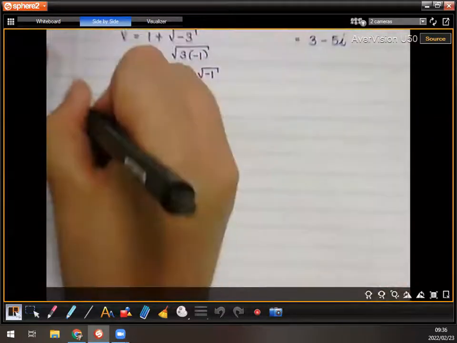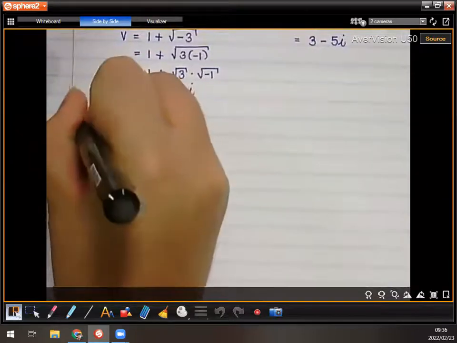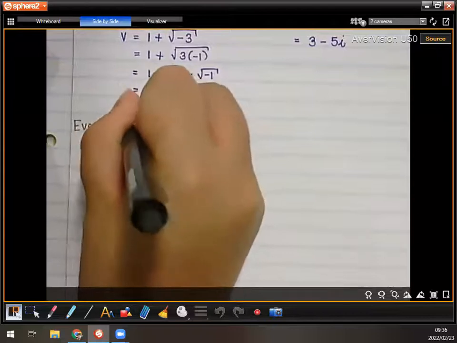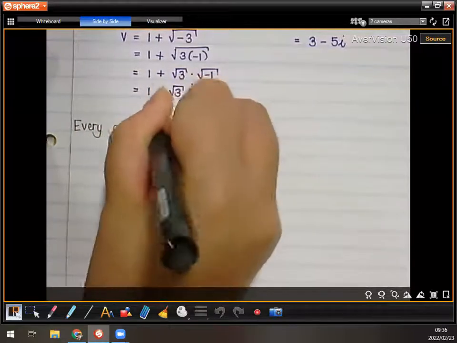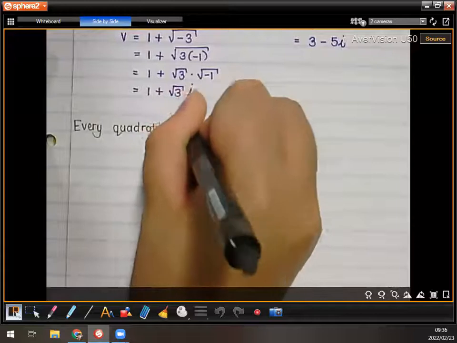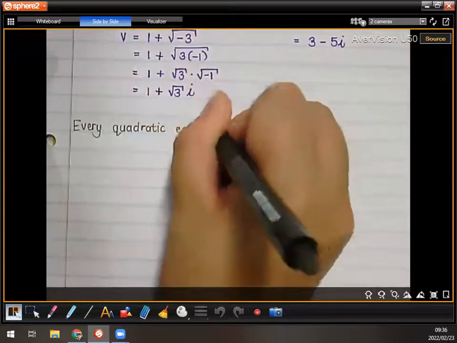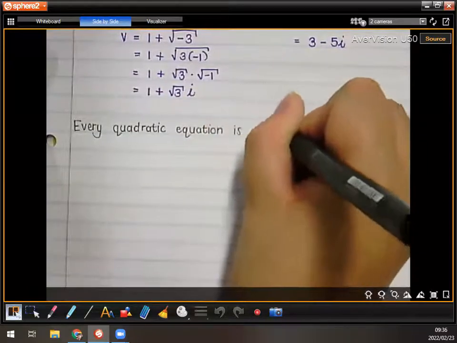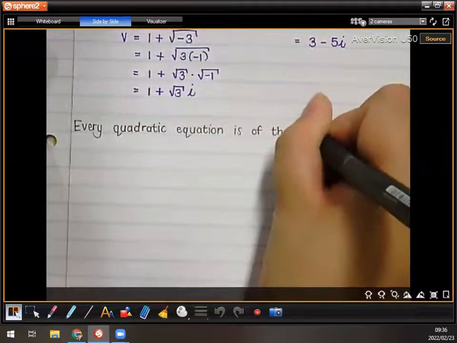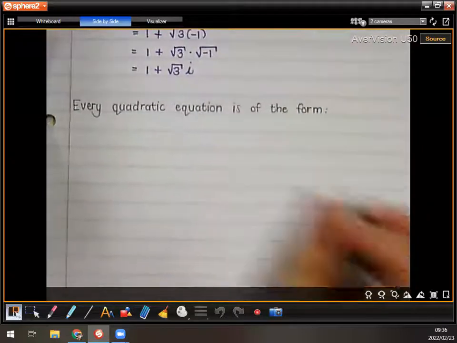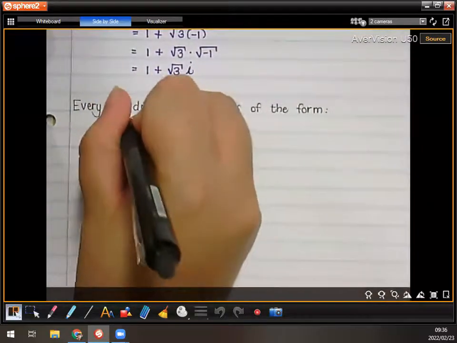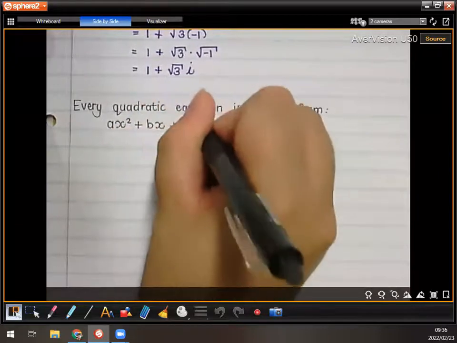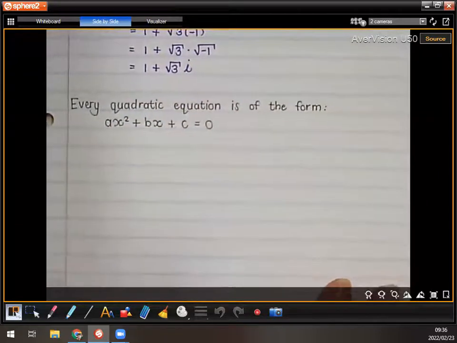So firstly, every quadratic equation is of the form ax squared plus bx plus c equal to 0.